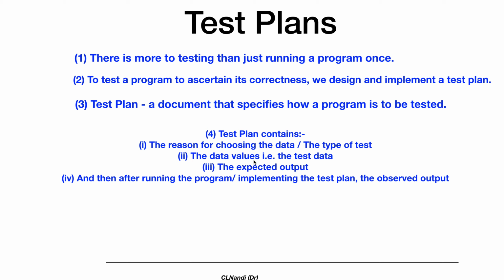The data values we test or the test data that we choose. 3. The expected output. And then after running the program or implementing the test plan, we look at the observed output and we compare it with the expected output, and the expected output and the observed output should be the same. We will look at an example of a test plan in a moment.